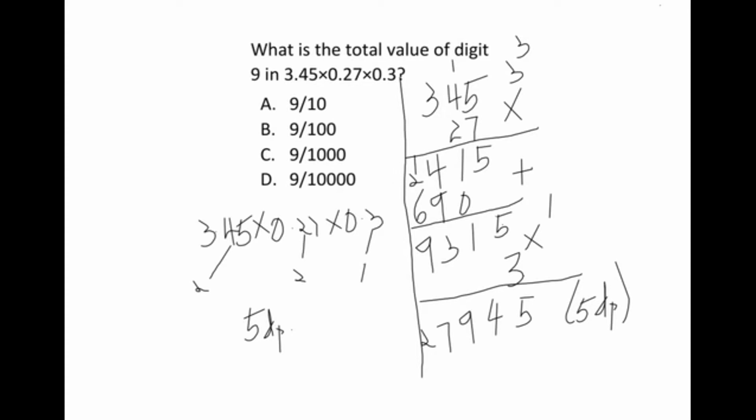So this is 1, 2, 3, 4, 5. So our decimal will be here. So this is the same as 0.27945.